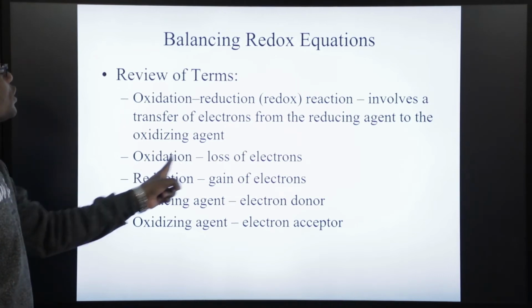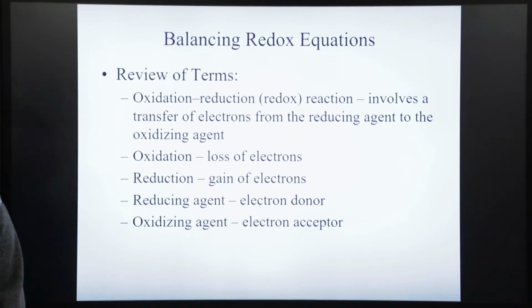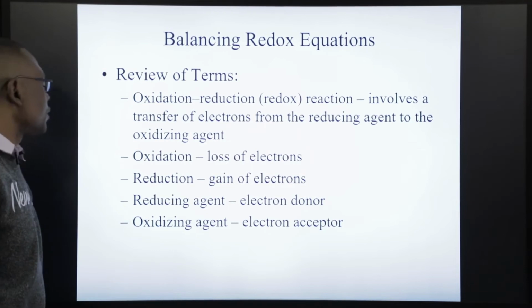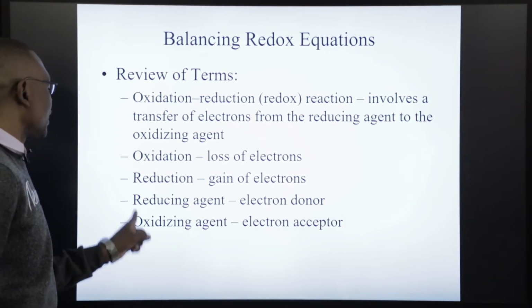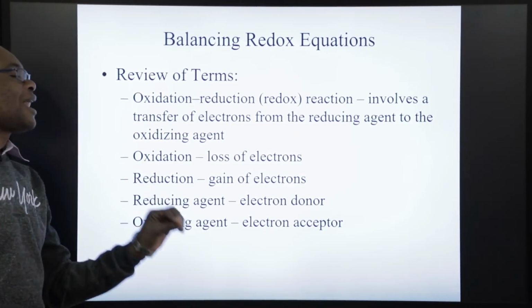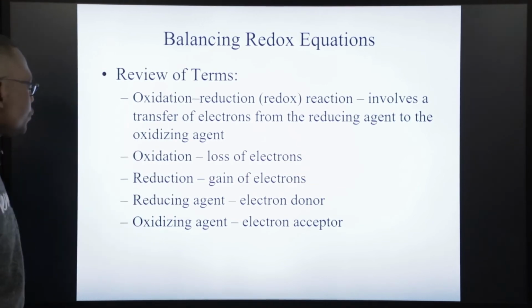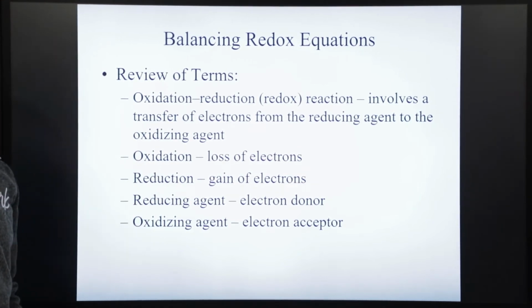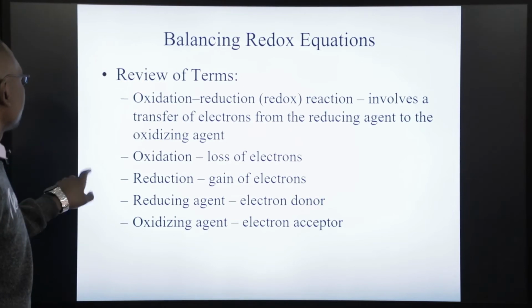Oxidation simply refers to the loss of electrons, while reduction is gain of electrons, and a reducing agent is an electron donor, while an oxidizing agent is an electron acceptor.